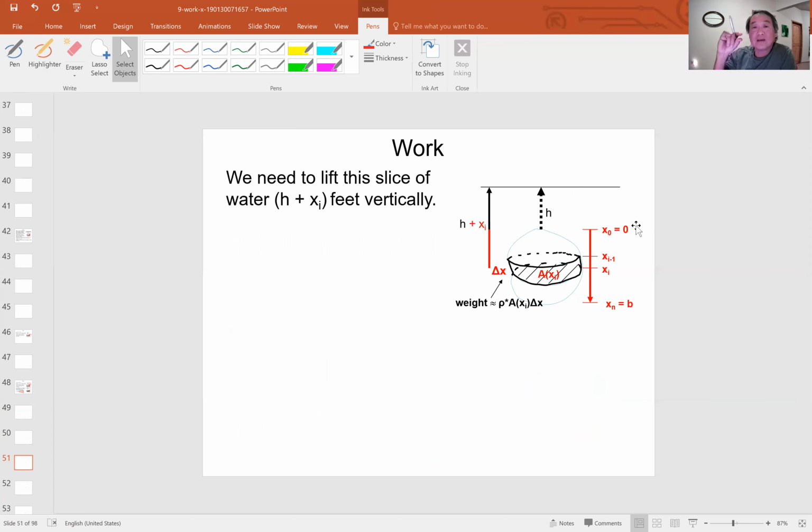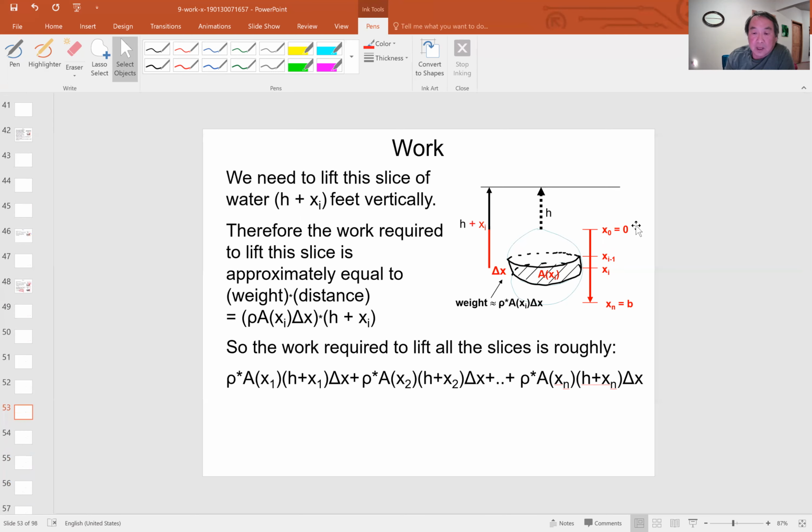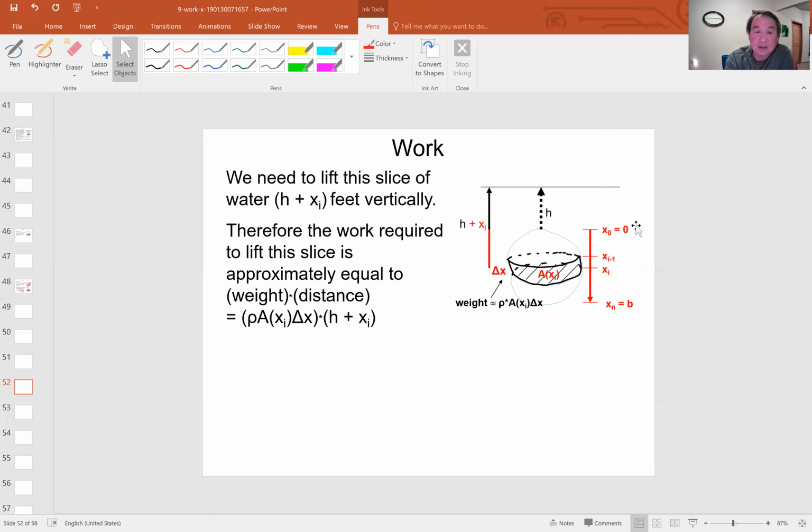Think of that slab as a book now. The weight is rho times all this, and I'm going to move it up h plus x_i. So times h plus x_i, and that's the work required for that particular slice. That's just for that slice.